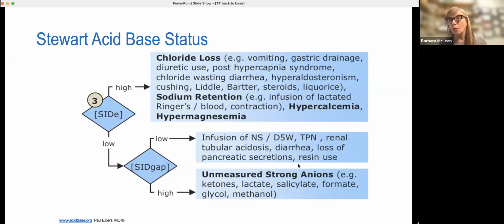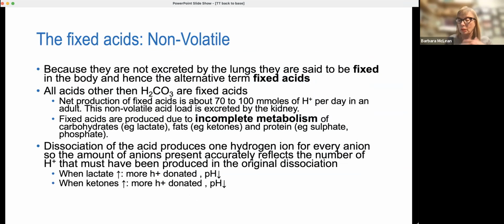Remember, they were acids. They donated hydrogen ion, the two really important ones that we see every day, ketosis and lactate. The elevation of those means donation of hydrogen ions, and they're not normally considered when we talk about our base. We don't normally talk about that role.